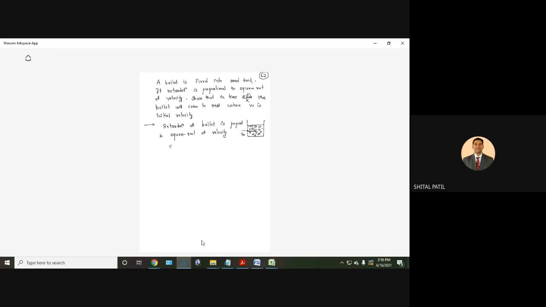Retardation is acceleration only, proportional to the square root of velocity. So acceleration equal to what should be written? Positive value of k or negative value of k? Is acceleration increasing or decreasing? Retardation is there, na? Decreasing. So negative. Acceleration equal to minus k.